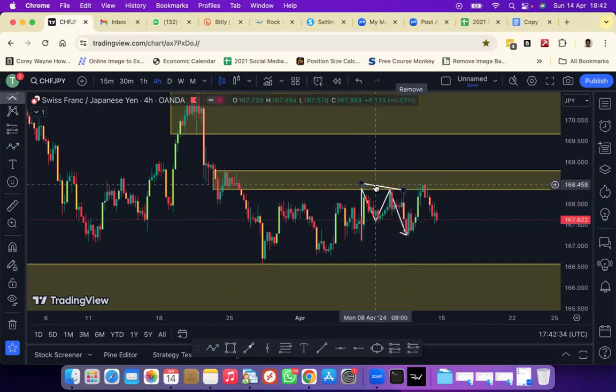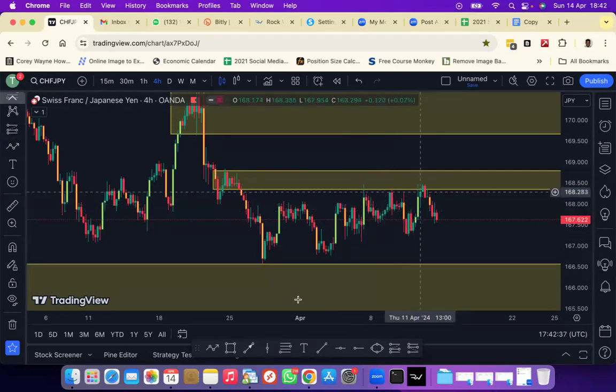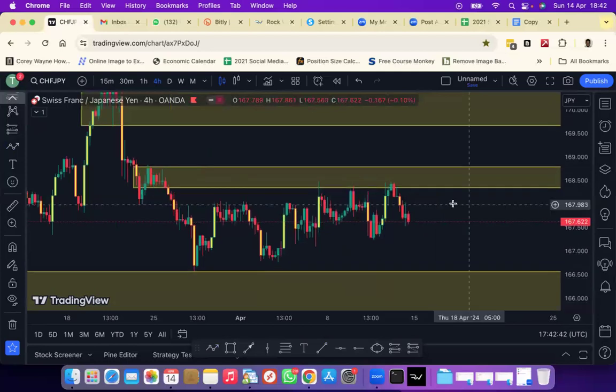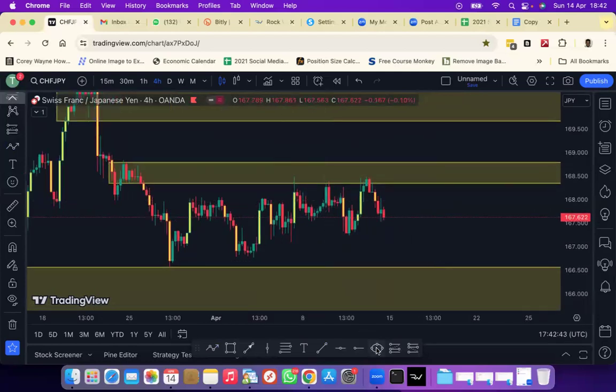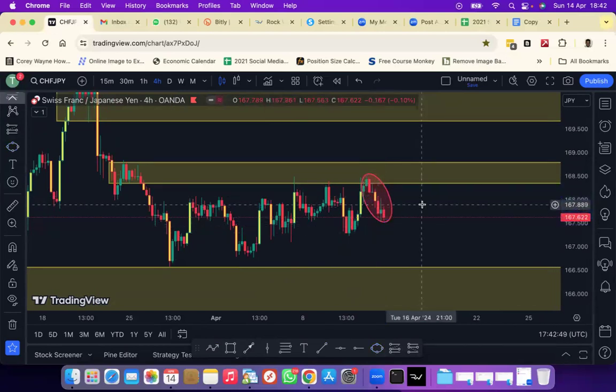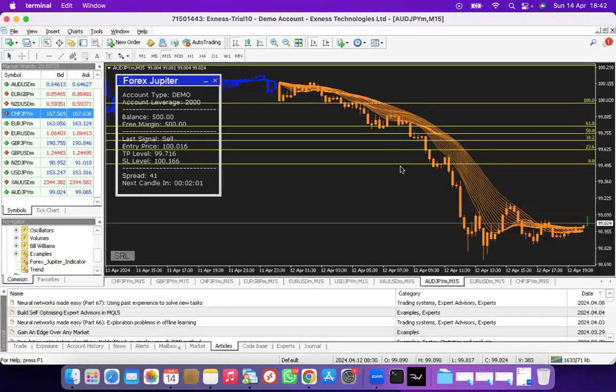So we would have seen possible opportunities to sell. Now, let me quickly check my trading system. Let's see if we're going to see a sell opportunity somewhere here. That's on the 15-minute CHFJPY, in a second.